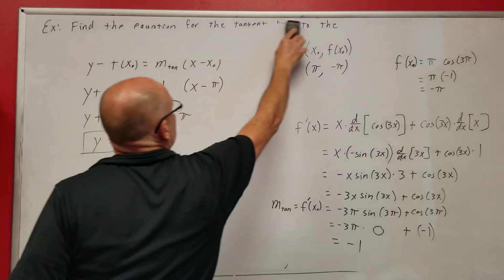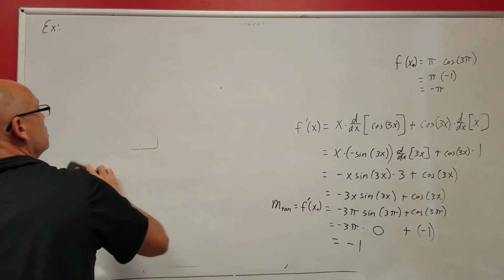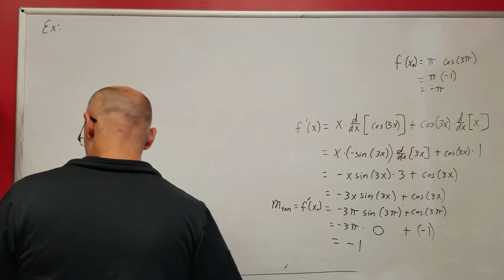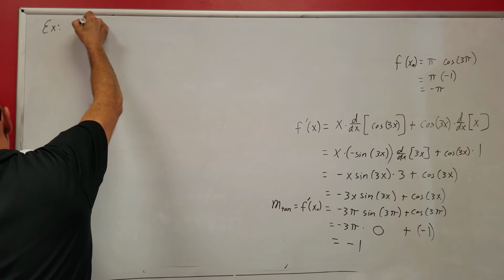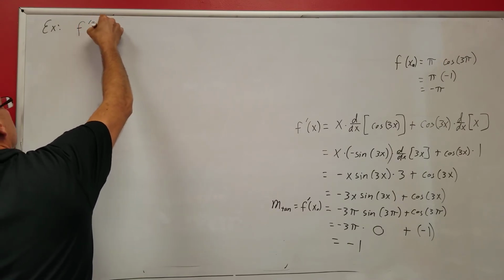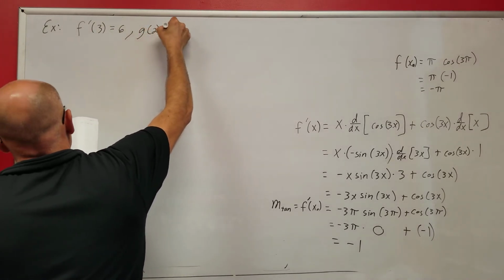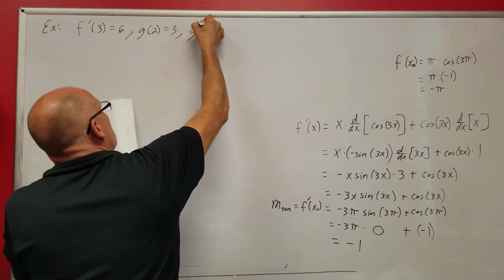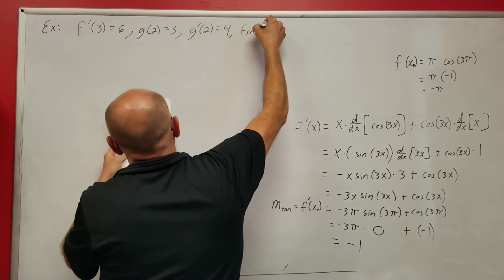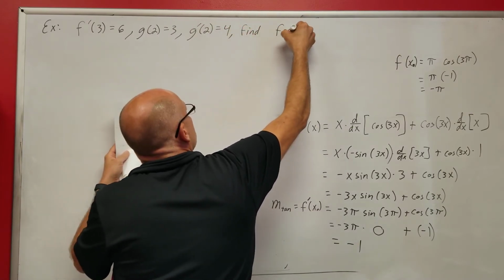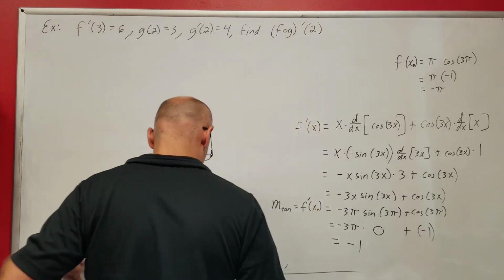Our next example reads something like: given that f prime of 3 is equal to 6, g of 2 is equal to 3, g prime of 2 is equal to 4, find f composed with g prime of 2.